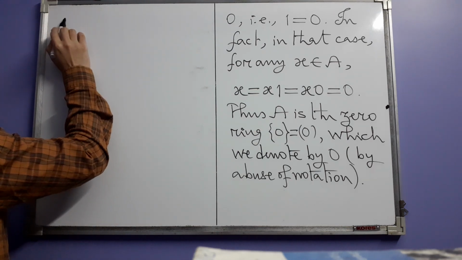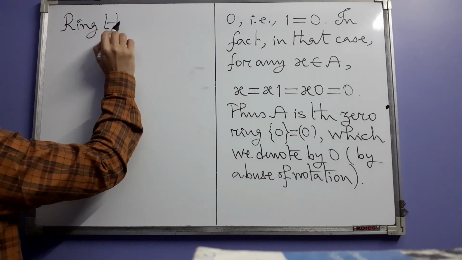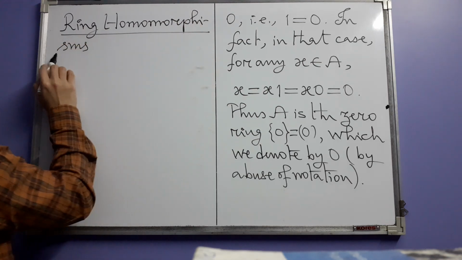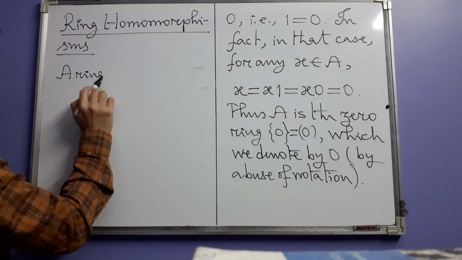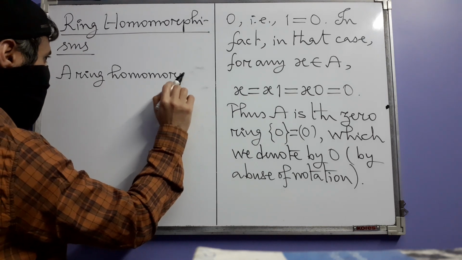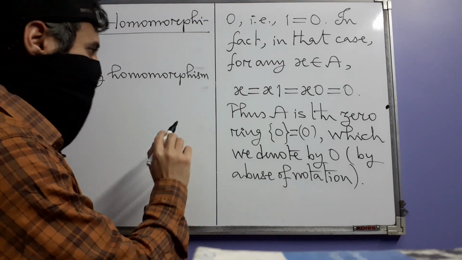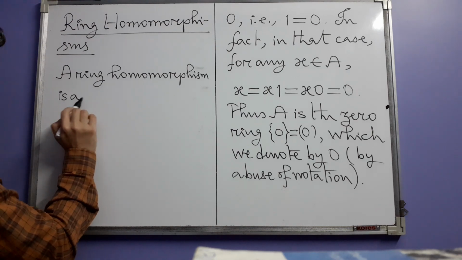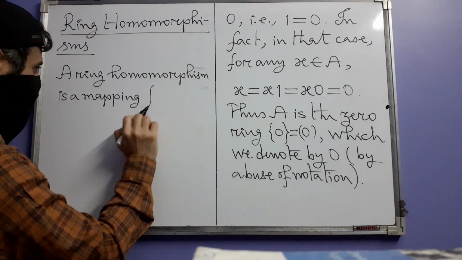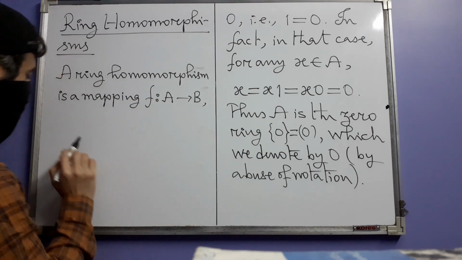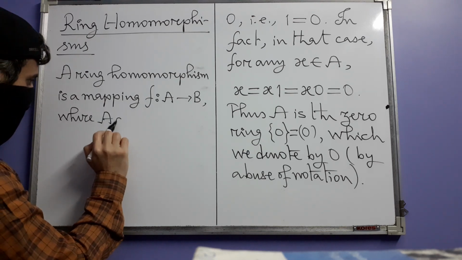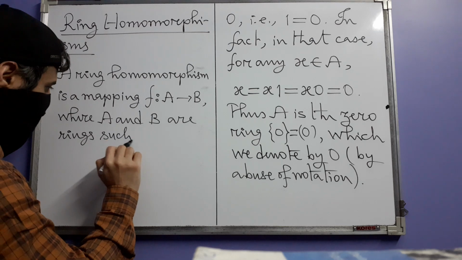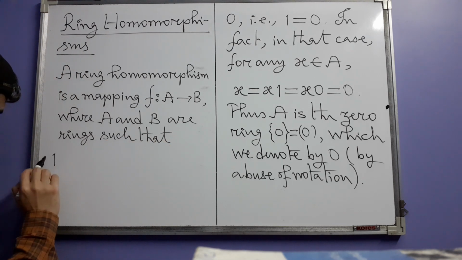So next let us see ring homomorphisms. A ring homomorphism, again keep in mind, for us ring means a ring that is commutative and has an identity element, is a mapping f from A to B, where A and B are rings such that, number one, there are three conditions.